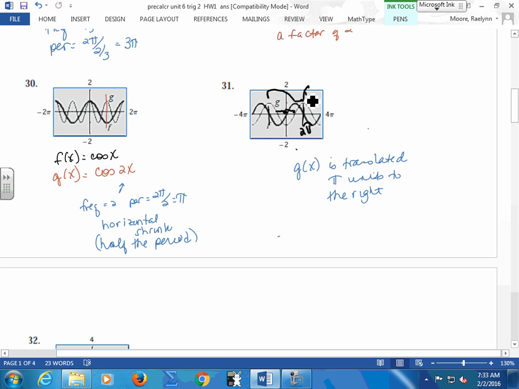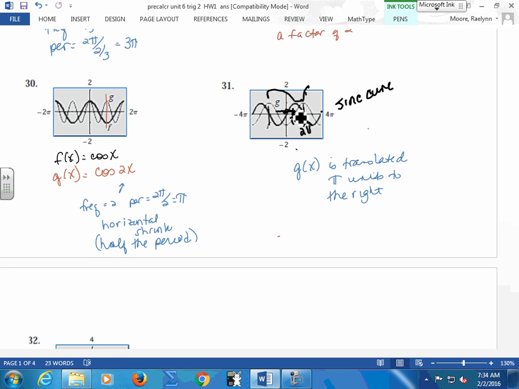But they wanted you to see the difference between this original curve, which is a sine curve, and where this original curve went. If this is 4 pi, half of this is 2 pi, half of that is pi. So you moved this starting point over here. They just wanted you to say, I have a phase shift, pi units to the right. That's all they wanted you to say.